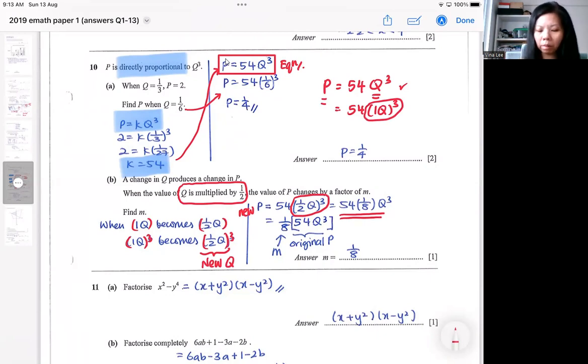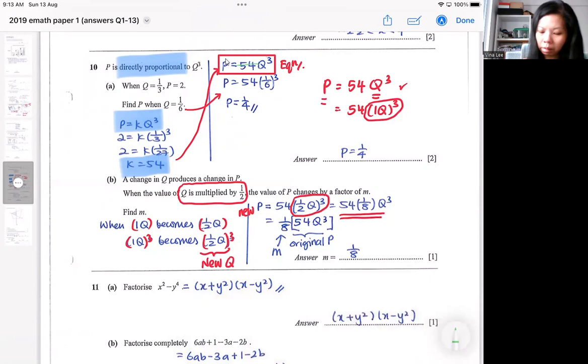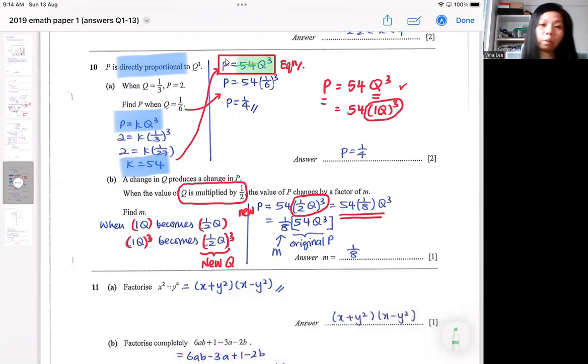So I'm going to compare to the original. So do take note, where is the original P? This whole thing is the original P. This whole 54Q cube is the original P. So can you see that the 54 and the Q cube is here? So I kind of reshuffle so that I get the 54Q cube. And that is actually my original P.